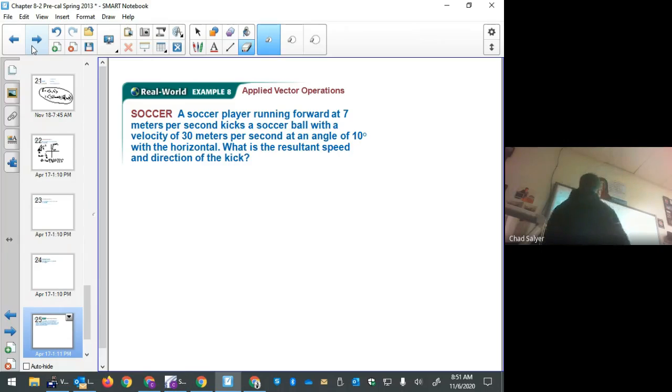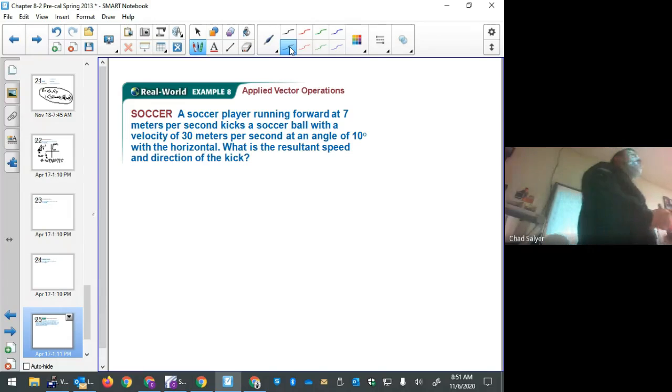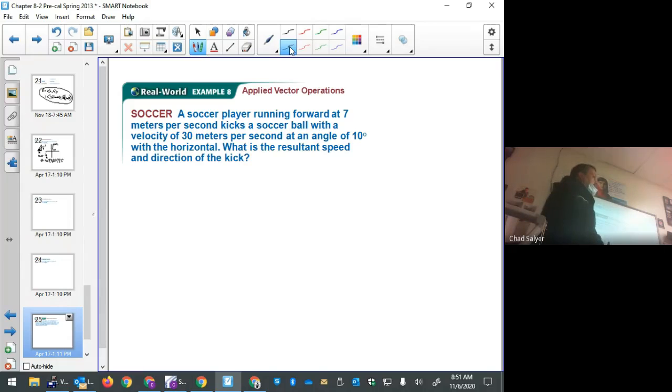Vector operations. Okay, so this is an important one. Because again, the real strength of vectors is their applications to real world situations. So a soccer player is running forward at 7 meters per second. So all the displacement is in the x-axis. And kicks a soccer ball with a velocity of 30 meters per second.